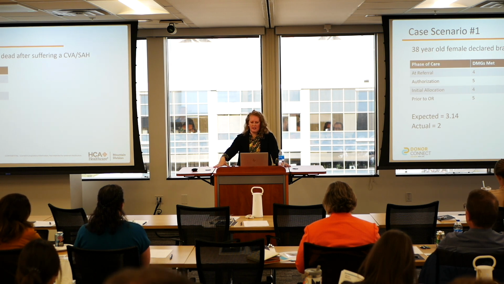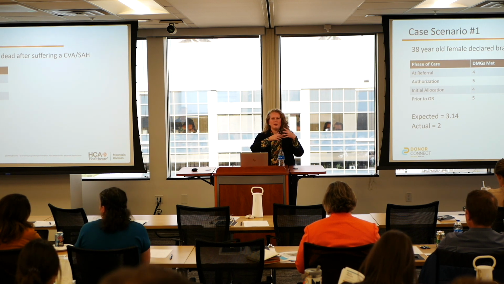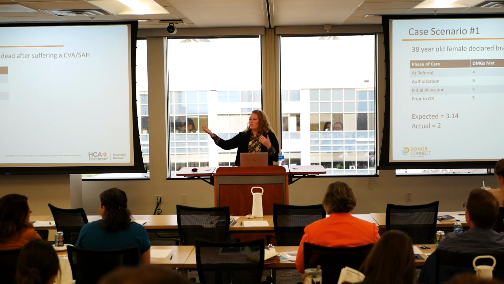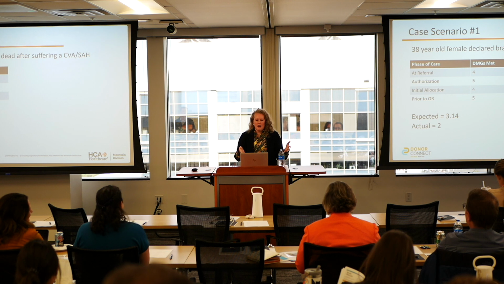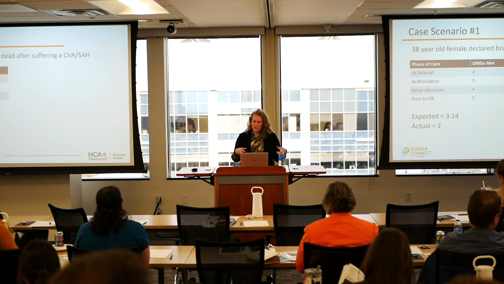They're HHS contracted to track outcomes of donation, and they have algorithms. You plug in information, it pulls all this data, and it says, based on all of this, we expect you to have 3.14 organs for this donor. Our actual yield for this patient was 2.